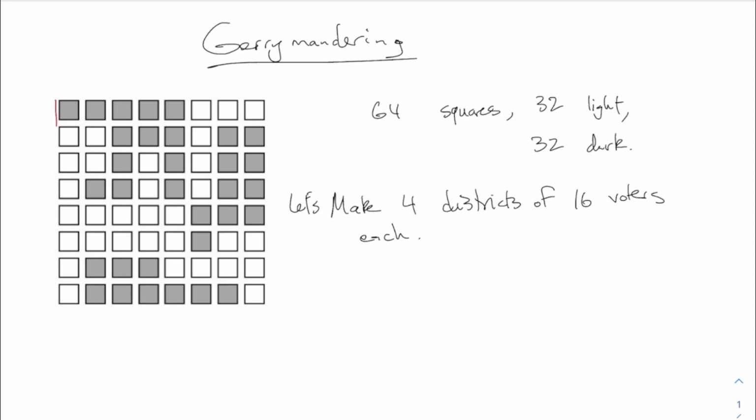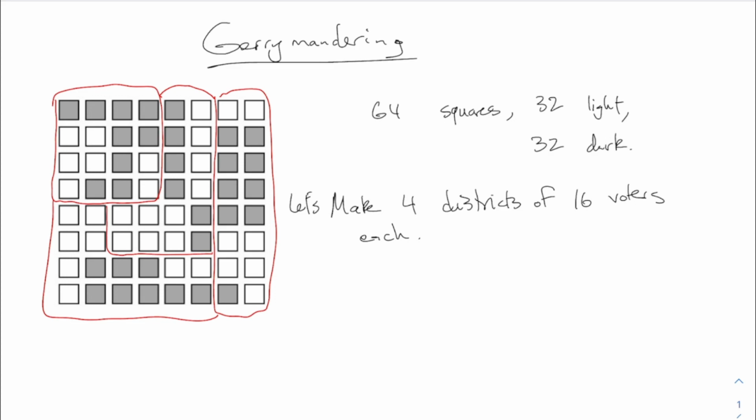All right, I could do that block right there, that's 16 voters, and then maybe over here I will take 16 like that. I believe this is an 8 by 8 square, so that is also 16. And then maybe I'll take these 8 here plus those 8, and then these guys. All right, so there I made 4 different districts. I'm just making this up.